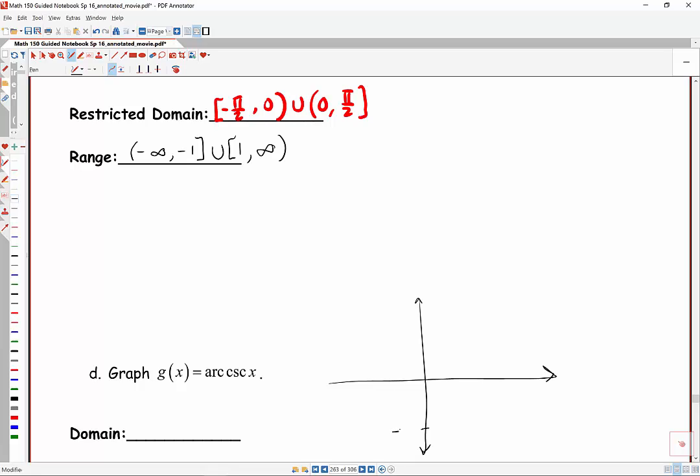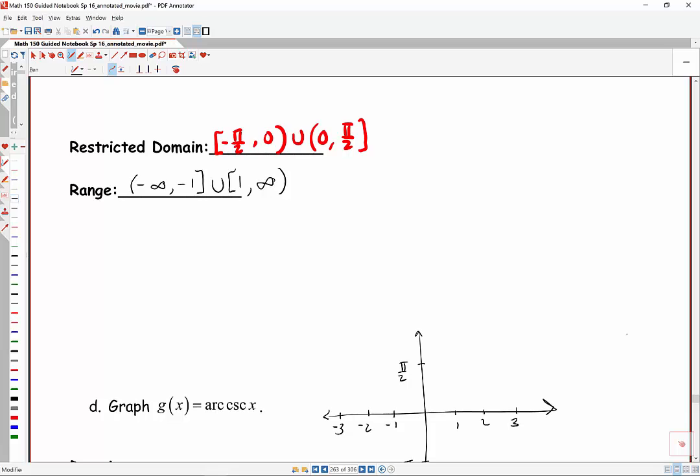So we'll have the vertical axis go from negative pi over 2 to pi over 2, and the input values are going to be the range of the original.